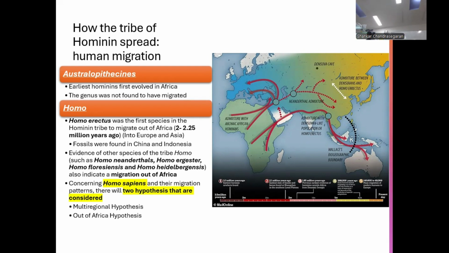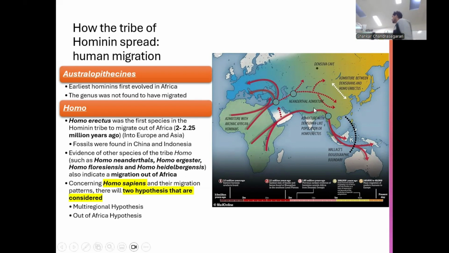Only when we came down to our genus of Homo, specifically the species of Homo erectus, we detected evidence that showed that they migrated out of Africa to different regions of the Earth, specifically China and Indonesia, because that's where we found fossils showing the species of Homo erectus.